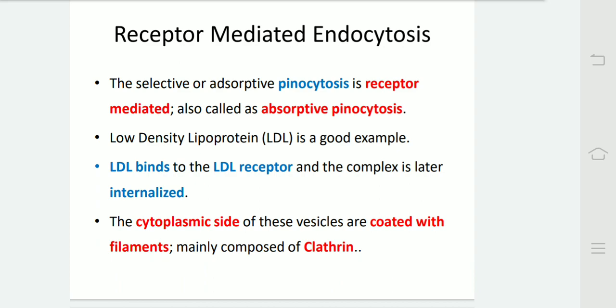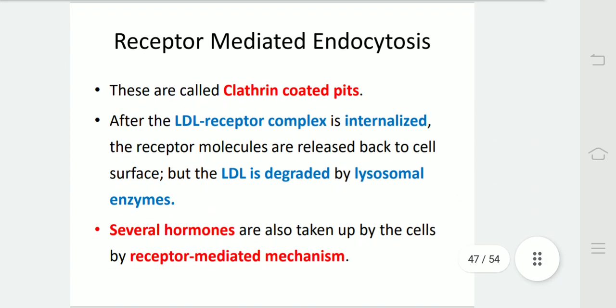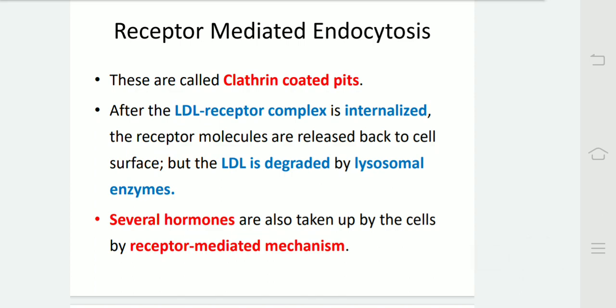The cytoplasmic side of these vesicles is coated with filaments mainly composed of clathrin. These are clathrin coated pits. After the LDL receptor complex is internalized, the receptor molecules are released back to the cell surface, but the LDL is degraded by lysosomal enzymes.